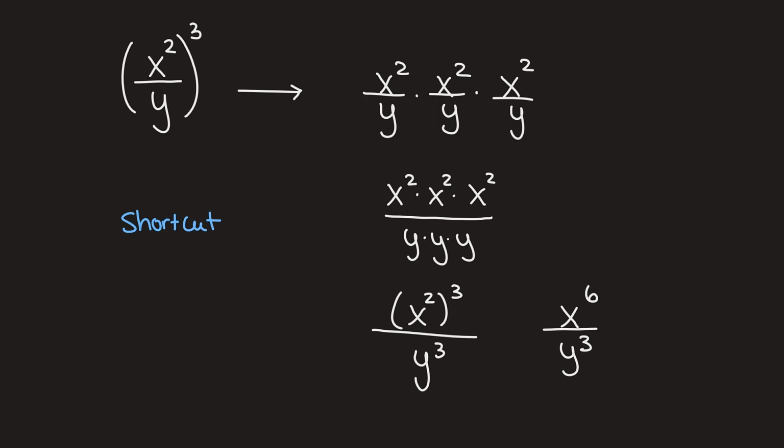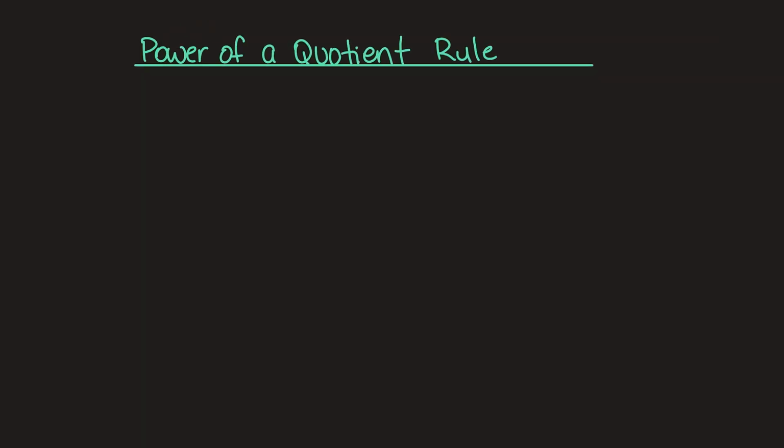Now the shortcut of this is raising both the numerator and denominator of our base by the power. And this is the power of a quotient rule.